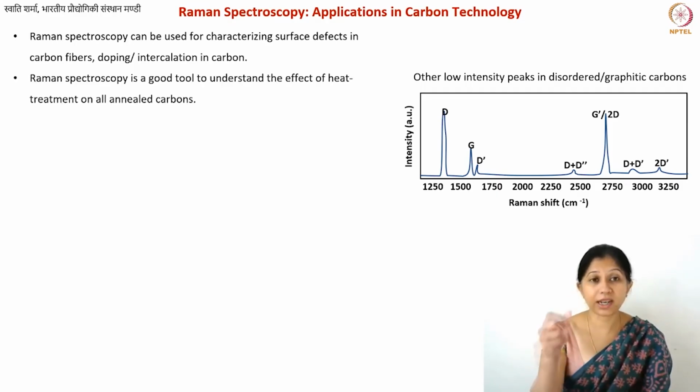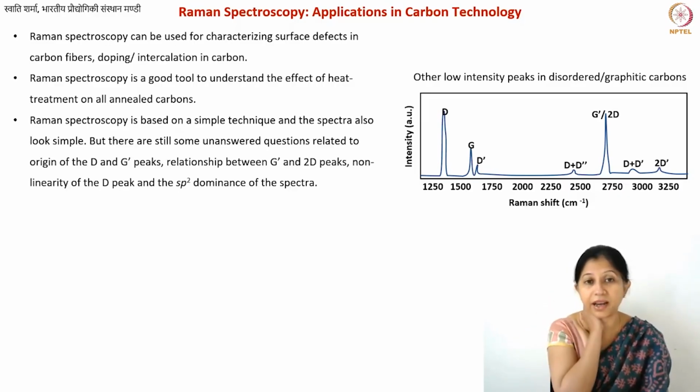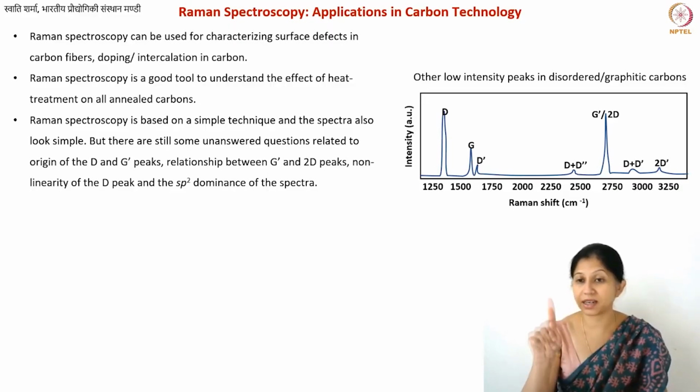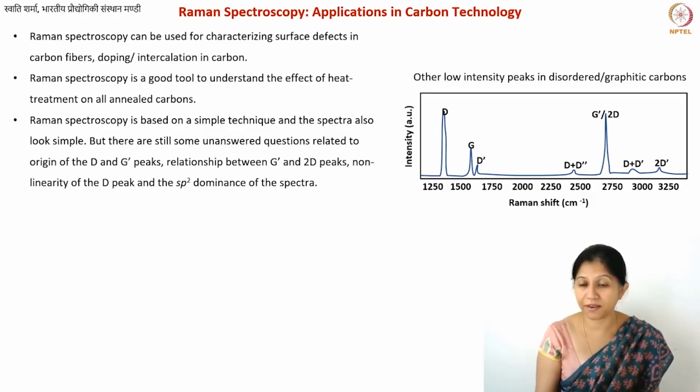Okay, what else can you do? It is useful for heat treatment of annealed carbon, but also for understanding the defects in carbon fibers. It is difficult to differentiate between surface defects and the defects that are under the surface in the core of the carbon fibers using X-ray diffraction or other techniques.